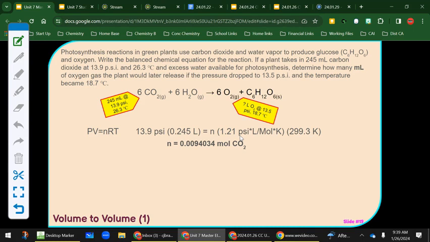What's the next step? We've taken what we've given and gotten it into moles. What is our next step? Yep. Well, those are called coefficients, but what we're really doing is using the molar ratio.